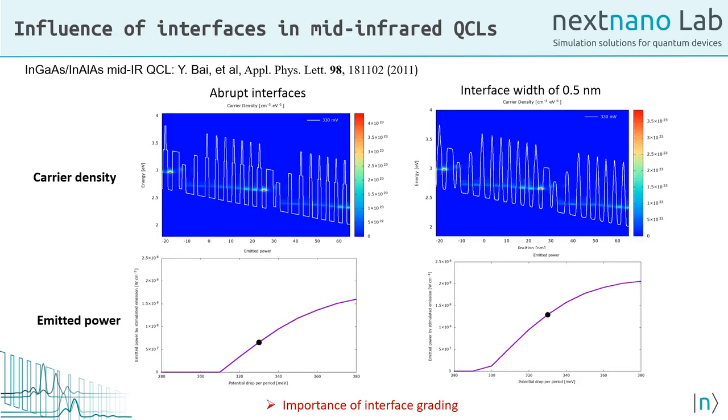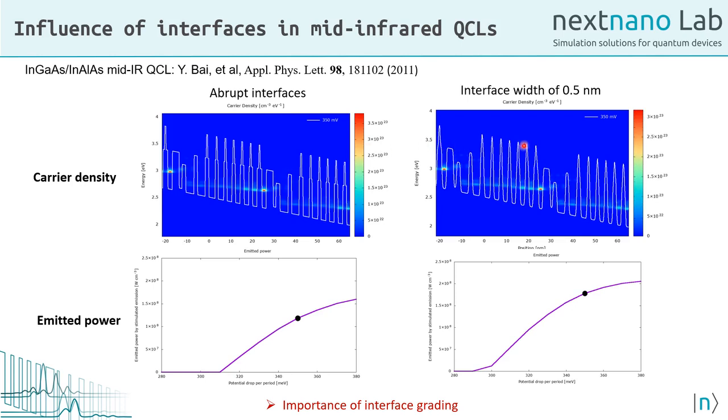So now we have applied this NEGF formalism. We have incorporated the general model of interface roughness, and here we look at a mid-infrared QCL design from this paper. On the left, we have the abrupt interface case, where we have all abrupt interfaces, but considering interface roughness.